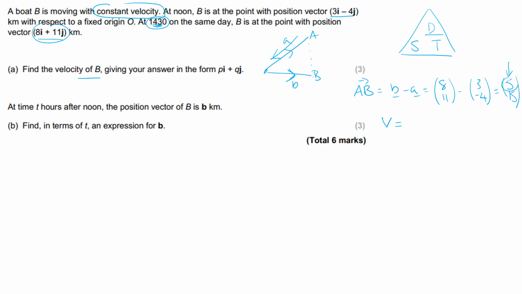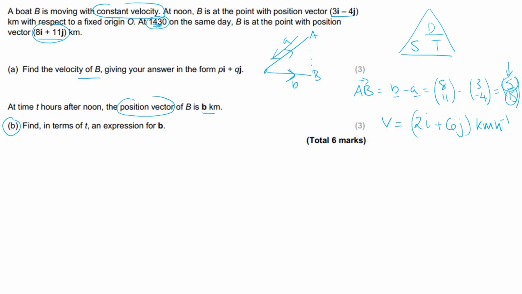How many 2.5s in 5? There are 2, so we're going 2i every hour. And how many 2.5s in 15? There are 6. So it is 2i plus 6j kilometers per hour.